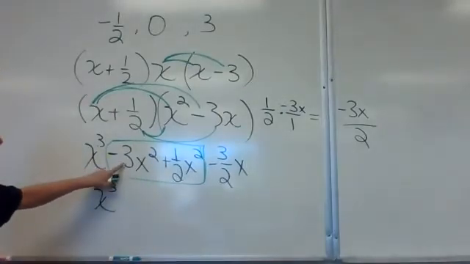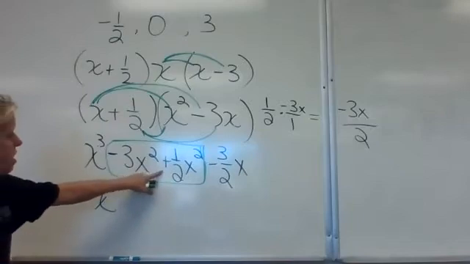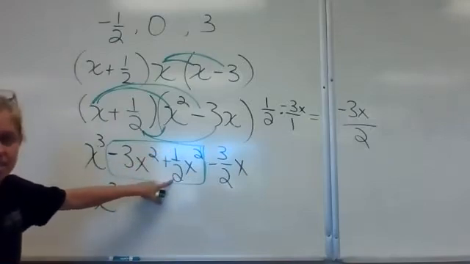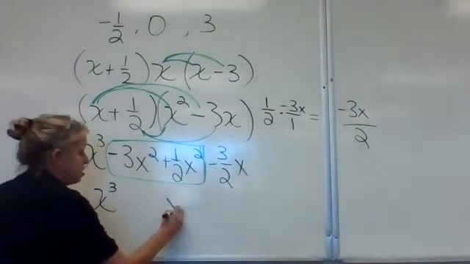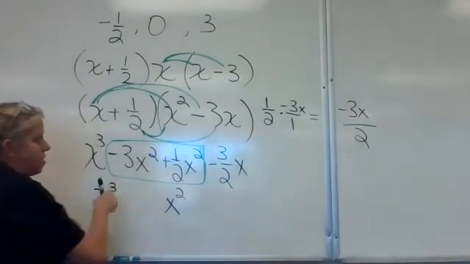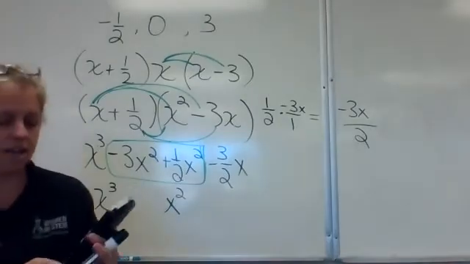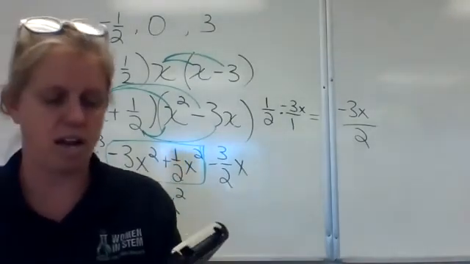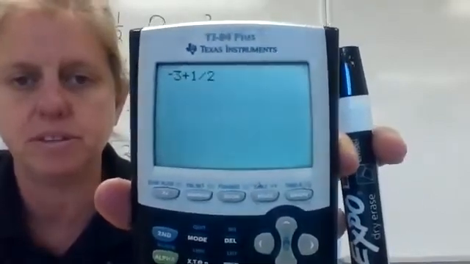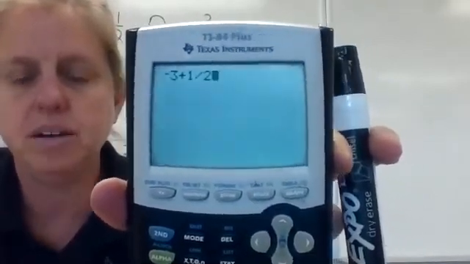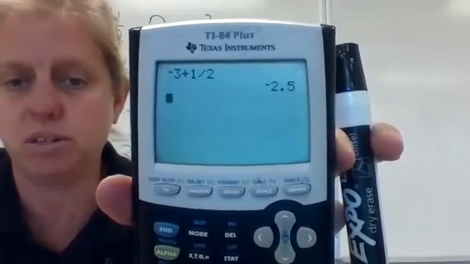What do I need to know? I need to know what -3 plus 1/2 is, right? I already know that I'm going to end up with x squared. I just need to know how many. So -3 plus 1/2. Just type exactly that into your calculator. Then when you hit enter, it's going to give you a decimal.